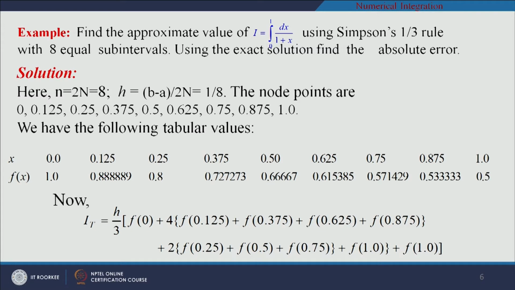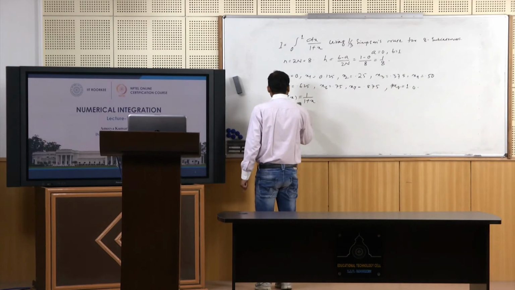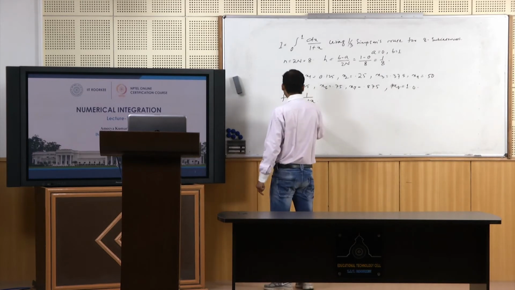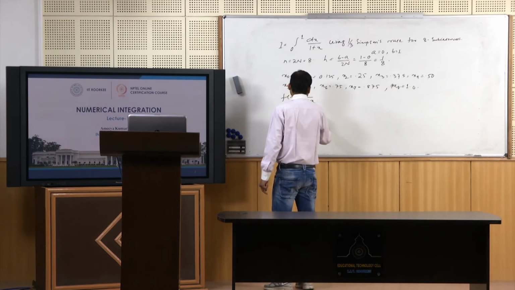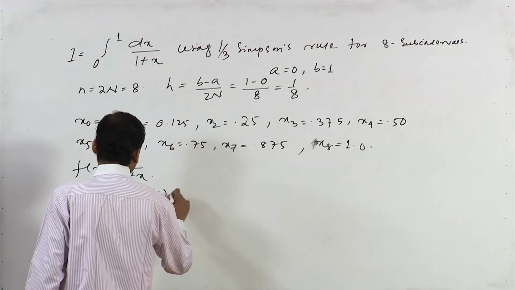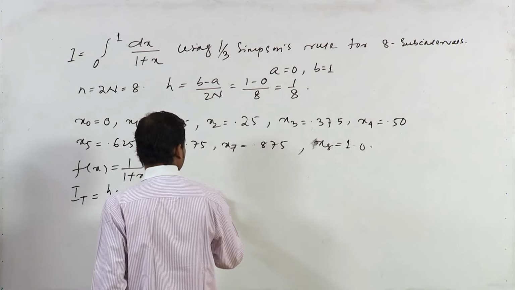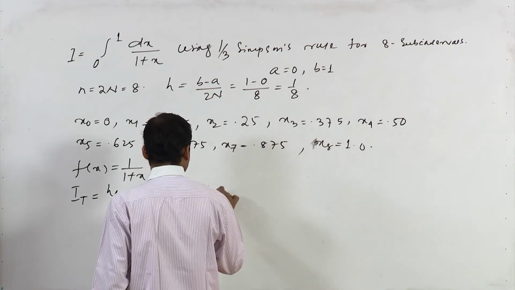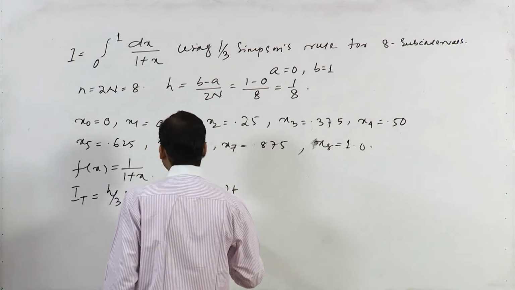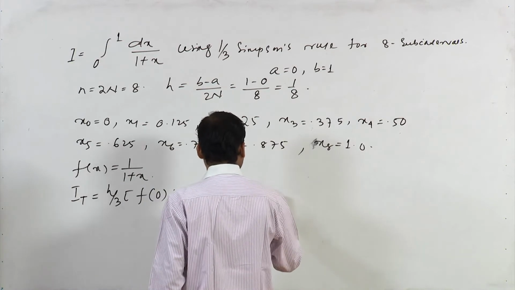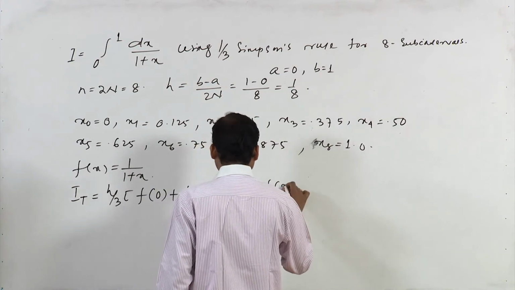If we use this formula, the integration can be written as h by 3 times [f(x0) plus f(xn), that is 1.0 here, plus 4 times the odd terms, f(x1) plus f(x3) plus f(x5) plus f(x7), plus 2 times f(x2) plus f(x4) plus f(x6)].